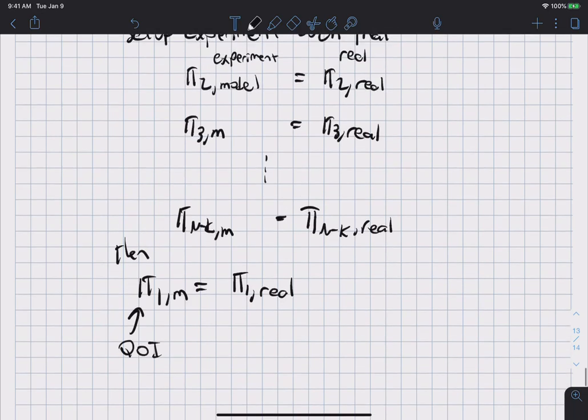So in other words, you choose the experimental conditions based on pi 2, pi 3, and pi n minus k. And so these provide conditions to set up the experiment.